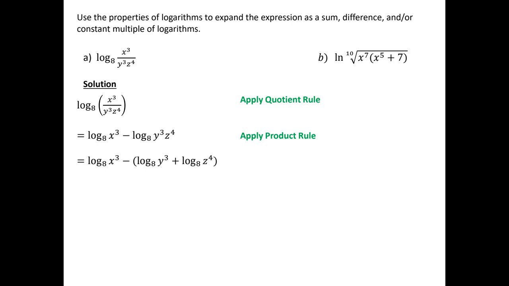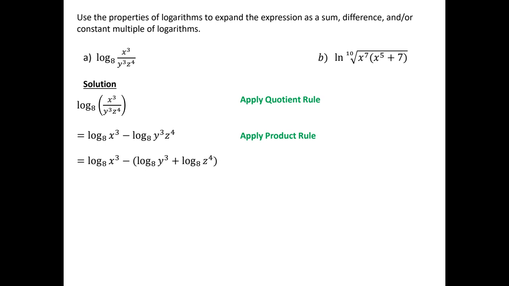Don't forget to put parentheses here. So I'm going to put parentheses and apply the product rule to only this part here. So I have two things that are being multiplied inside a single log of base 8. So this simplifies to the log of base 8 of y cubed plus the log of base 8 of z to the fourth.